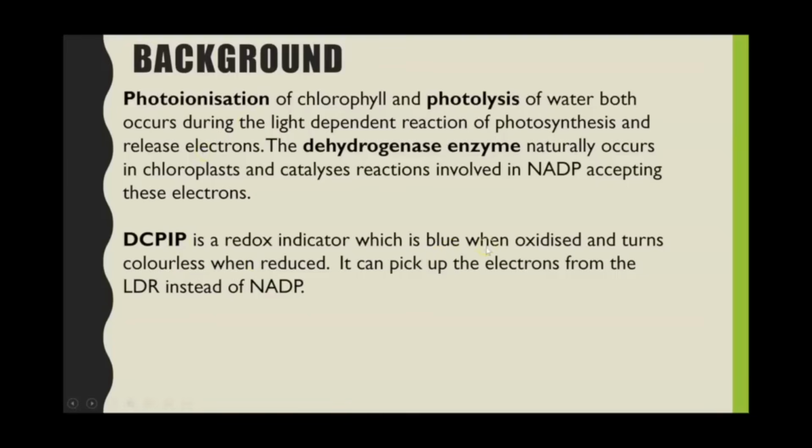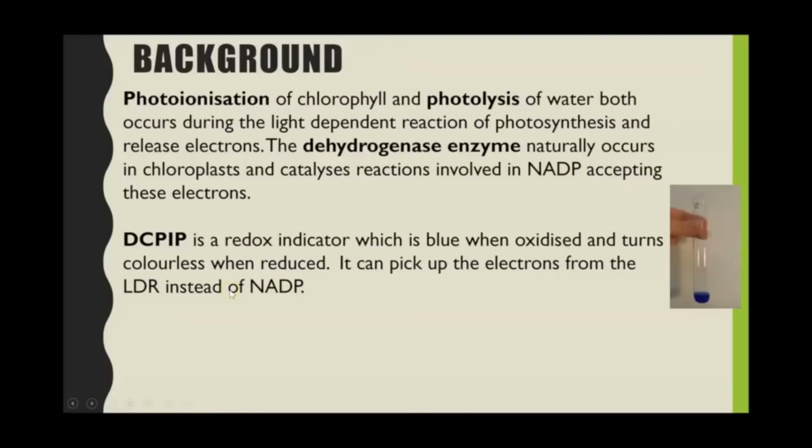And DCPIP is blue when it is oxidized, and it turns colourless when it is reduced. So when it has picked up electrons, it loses its colour. And what DCPIP is able to do is pick up the electrons which are released in photoionization and photolysis from the light-dependent reaction instead of that coenzyme NADP.